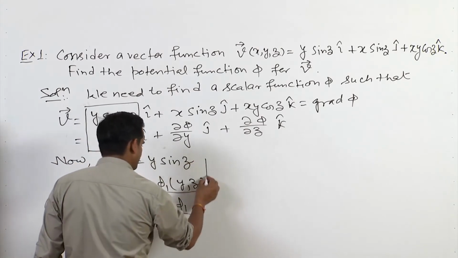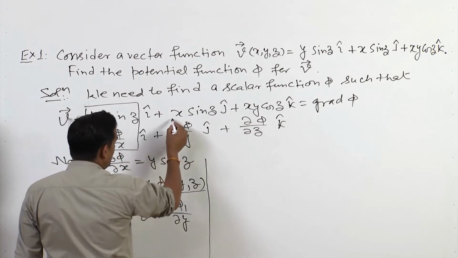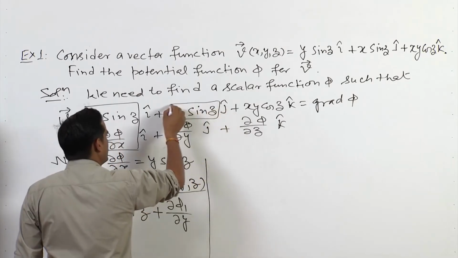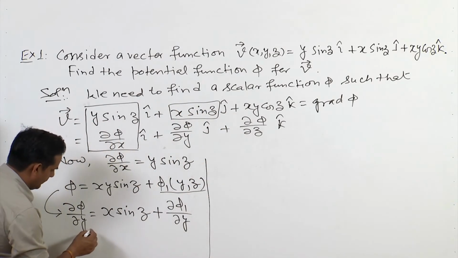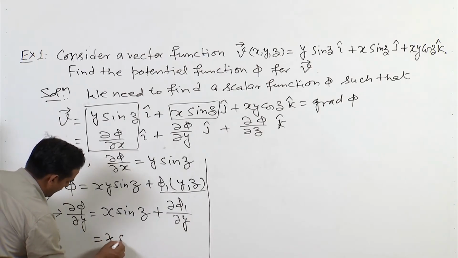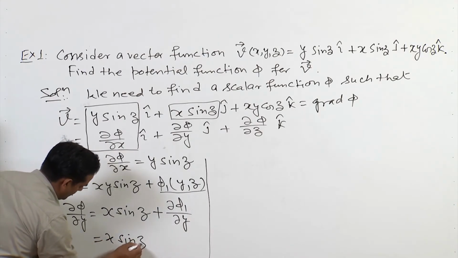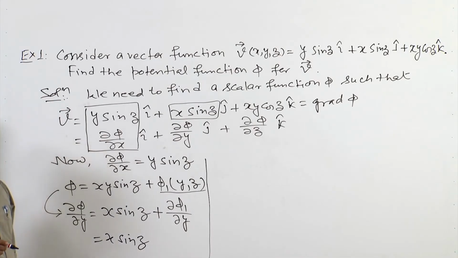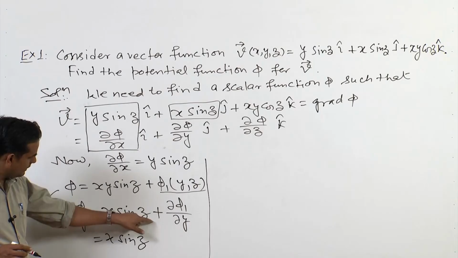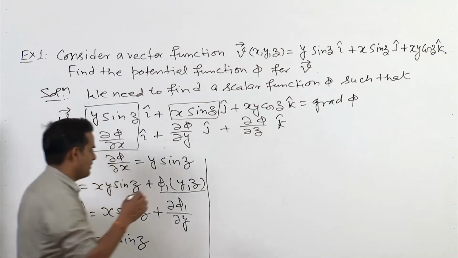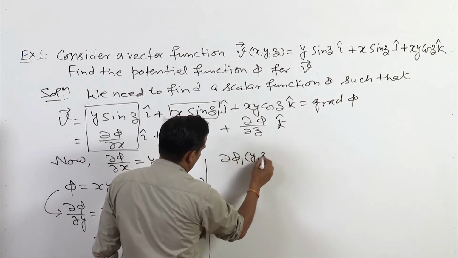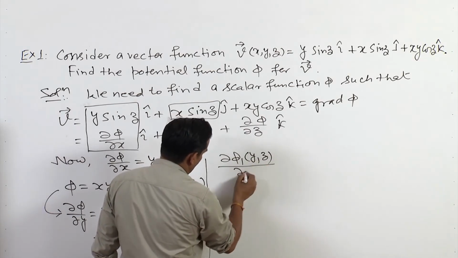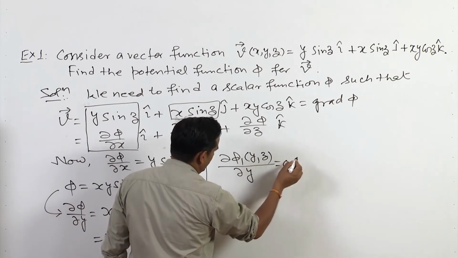Now, here you can see that del phi over del y equals x sin z from the given vector field. So, if I compare these, it gives me that del phi 1, which is a function of y and z, over del y equals 0.